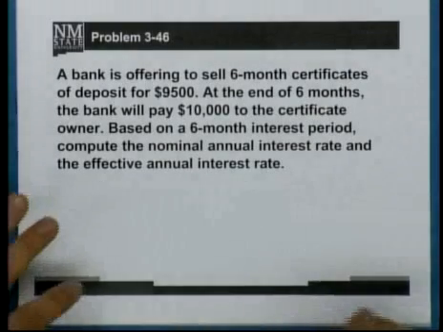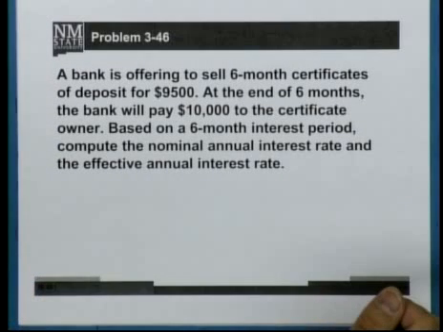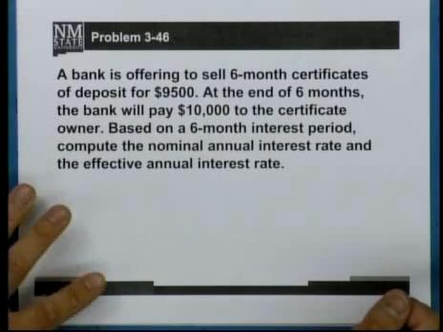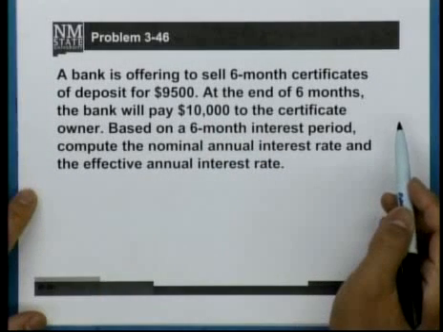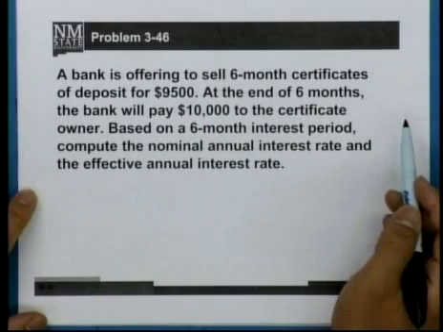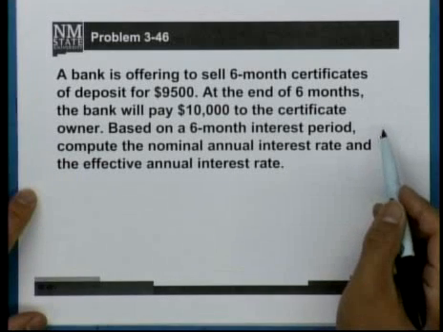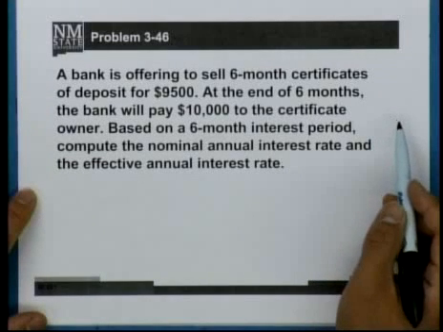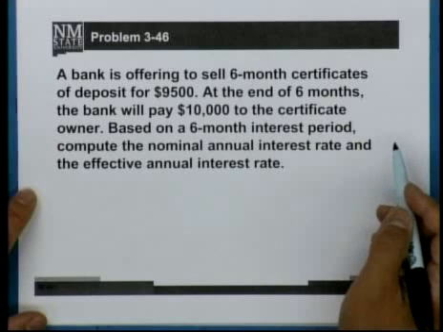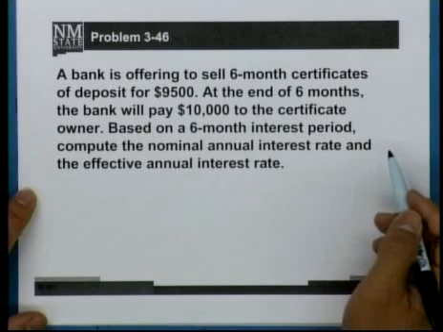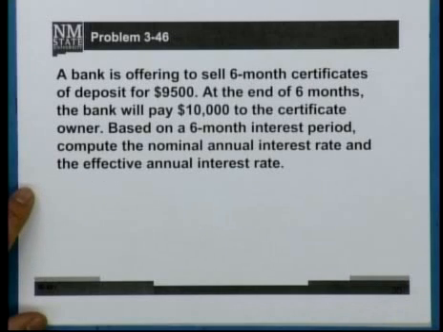A bank is offering to sell 6-month certificates of deposit for $9,500. At the end of 6 months, the bank will pay $10,000 to the certificate owner. Based on a 6 month interest period, compute the nominal annual interest rate and the effective annual interest rate.